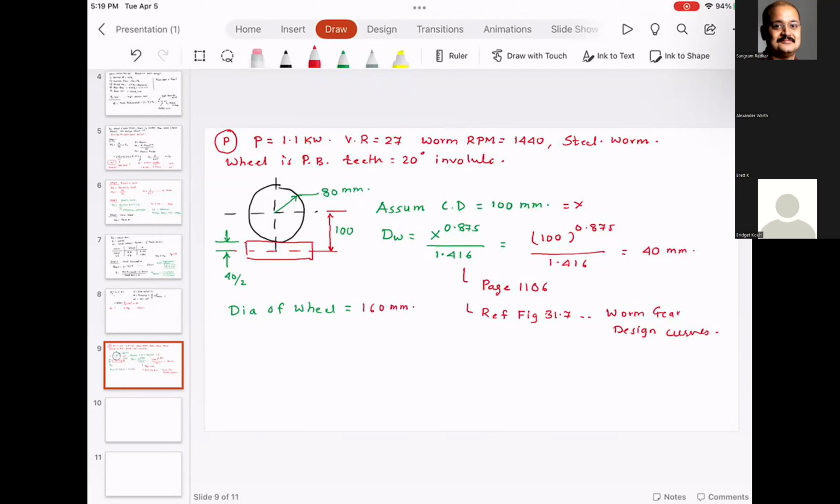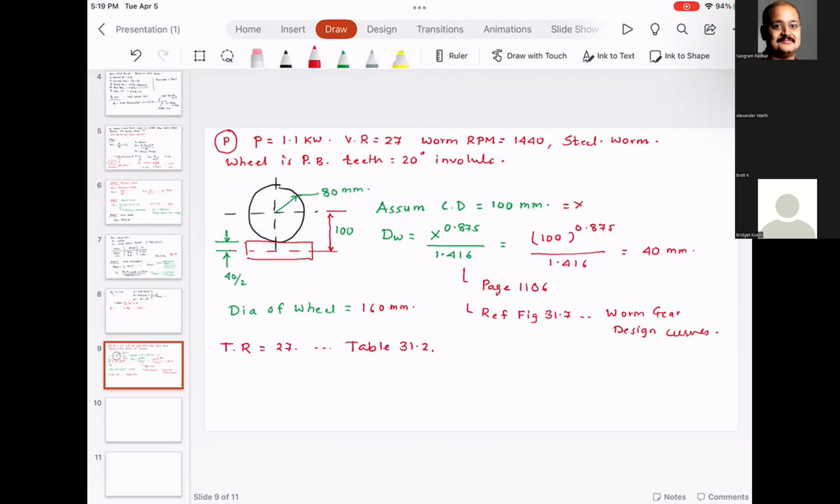Now, since the velocity ratio or the transmission ratio is 27, I want you to go to table 31.2 in the textbook.